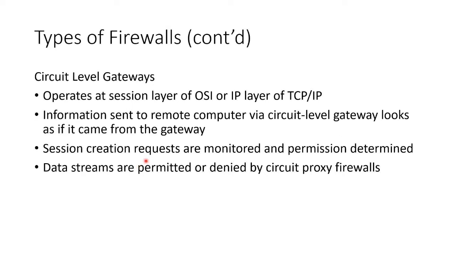Session creation requests are monitored and permission is determined. So data streams are permitted or denied by circuit proxy firewalls. What's good about circuit level gateways is they see that you started a handshake and they see that you started on a particular port. And if any of that stuff changes, then they'll detect that. So they are stateful, they are not stateless.